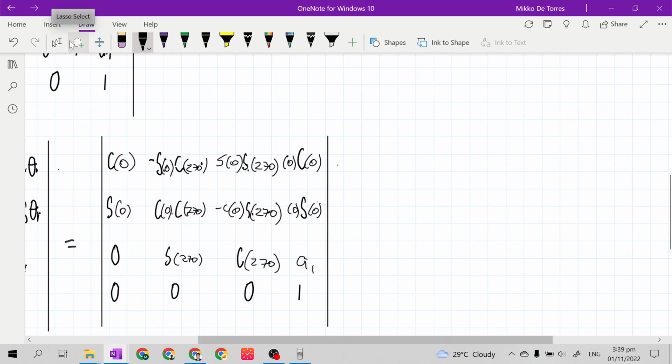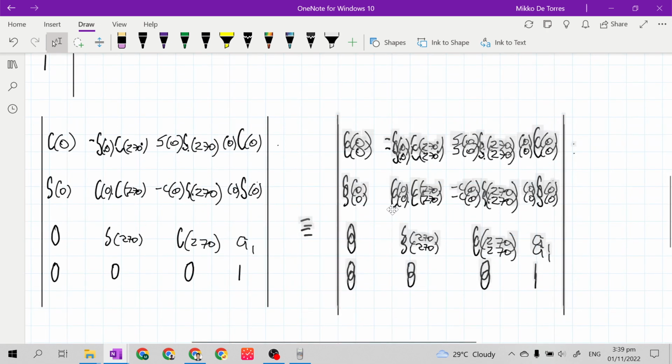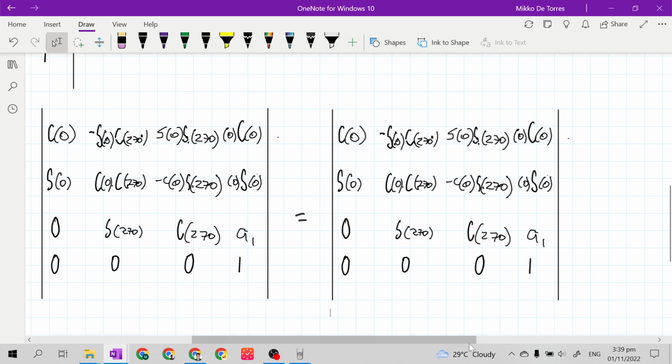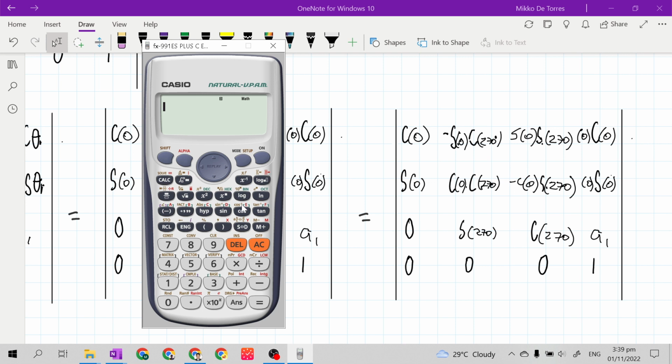Okay. Let's simplify this. Let's use a calculator to check cosine 0. Cosine 0 is equal to 1, while sine 0 is equal to 0. So everything with sine 0 is already 0. Cosine 270 is 0 also.